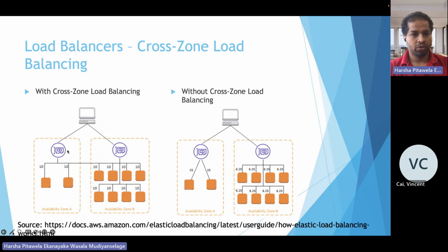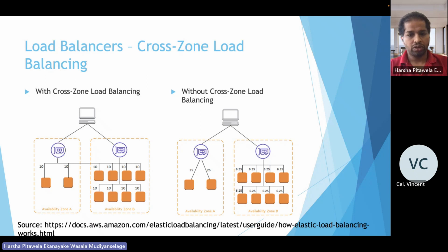If you enable cross-zone load balancing, the load balancer in zone A can direct its traffic not only to the web servers in its availability zone, but also to instances in another availability zone too. Similarly, the other load balancer can also direct traffic to both zones. So with cross-zone, the load balancer can route traffic across availability zones.